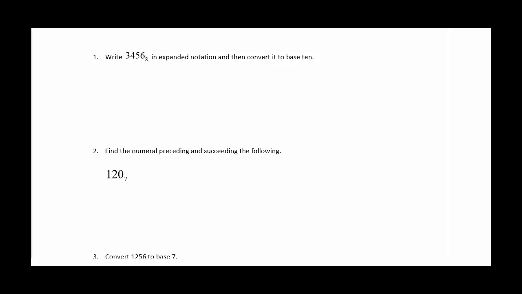All right, number one, we are given a number in base 8. We are asked to expand it and then convert it to base 10. If we're in base 8, what this means is I've got some number times 8 to the 0, plus something times 8 to the first, plus something times 8 squared, plus something times 8 cubed.